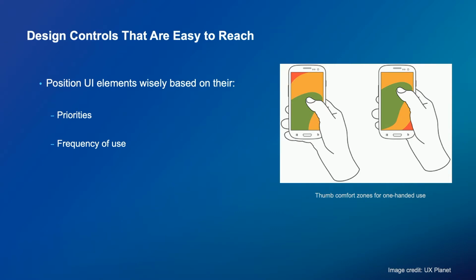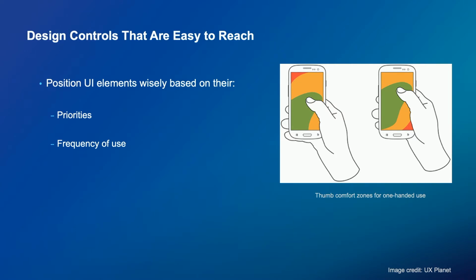For this graph, it shows a heat map when people are using their mobile devices single-handed, and this picture shows the two most common positions when holding the mobile device.